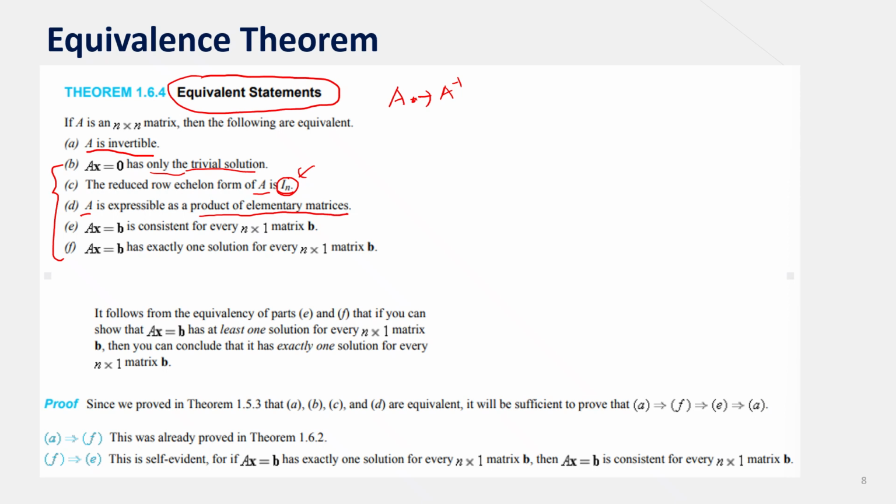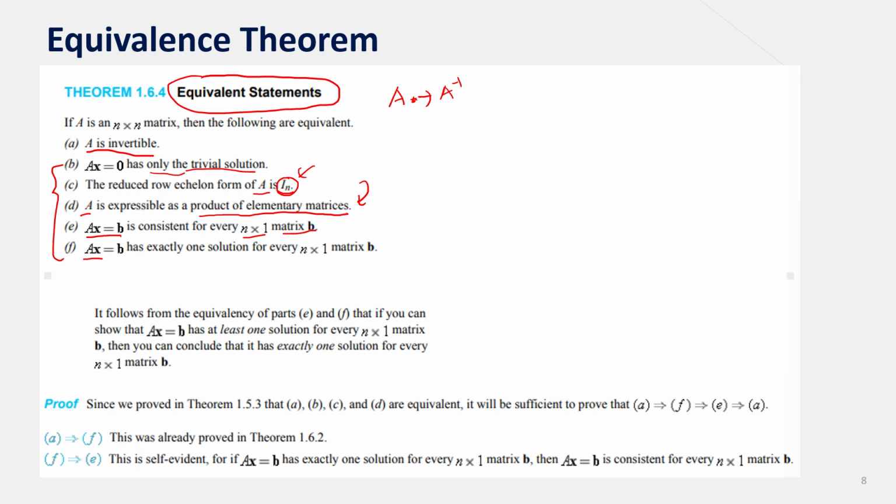Yeah, because it can be derived down until its reduced row echelon form, then it is also a product of elementary matrices. And then AX equals B is consistent for every n by 1 matrix B.